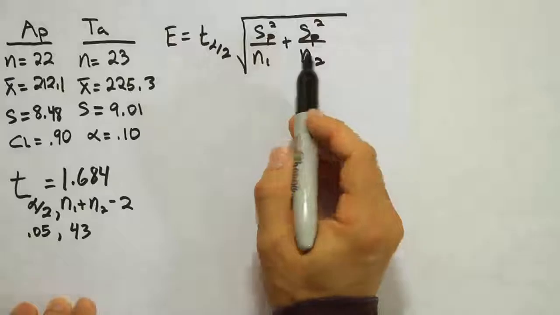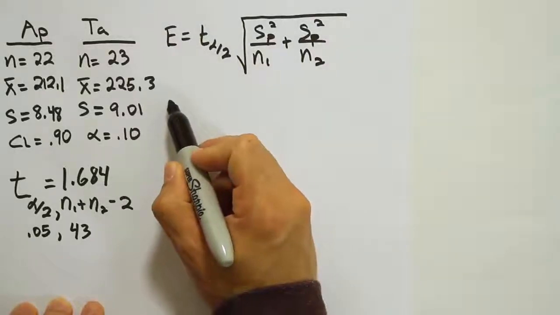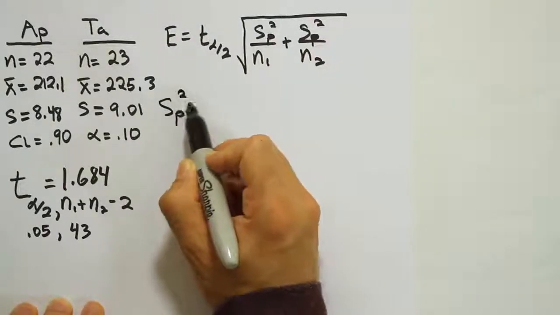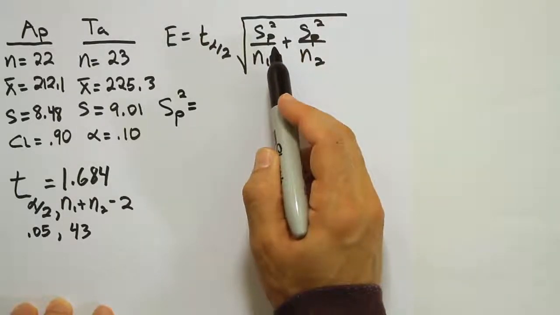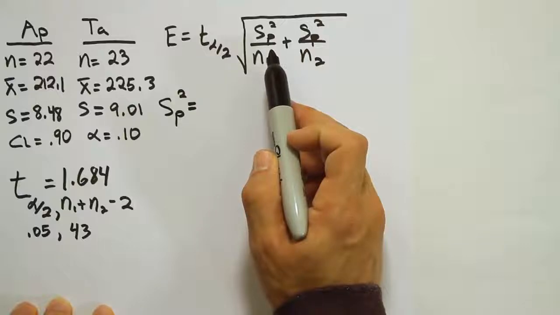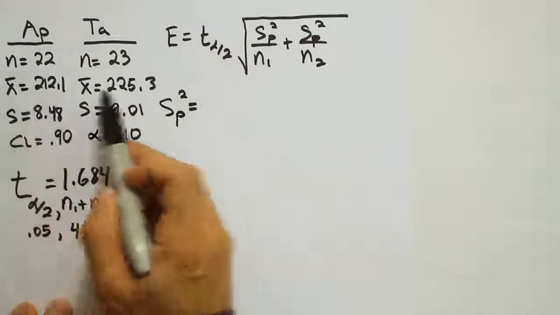That has to be calculated, so we have to stop here for a second and go calculate that. So sp squared, the pooled sample estimator. Now, remember, this is the pooled estimator of the variance for our estimator x bar 1 minus x bar 2.